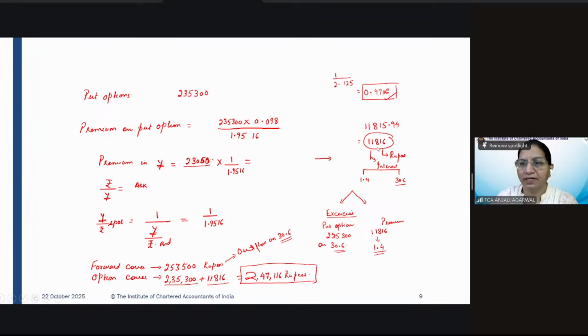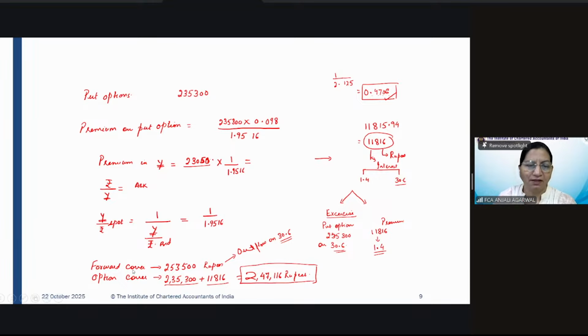So this is 11,816. But the two problems here is that 11,816 rupees is to be paid on 1st April, whereas the rupee which you will sell under the put option has to be paid on 30th June, 235,300. So total outflow would be 247,116, ignoring the interest on 11,816 for 3 months. Okay.